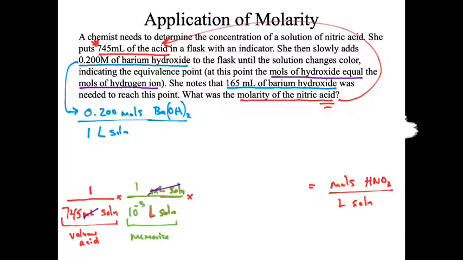What would that barium hydroxide do with the nitric acid? I don't know. What would happen if we took barium hydroxide, and actually let's rephrase that. Let's say that we took nitric acid, because that's what we started with, right? So HNO3, and then it was mixed with barium hydroxide.